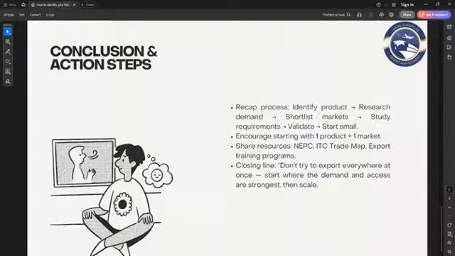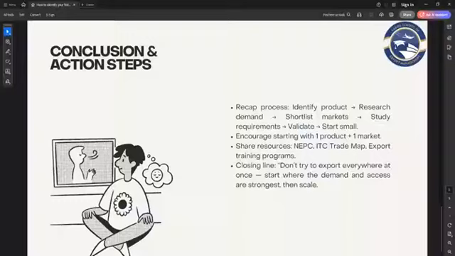So don't try to export everywhere at once. You just need to select one or two export markets that you can access. Start with one commodity and you scale. All right, so for today's webinar, I'll be recommending the export mentorship program for everyone.